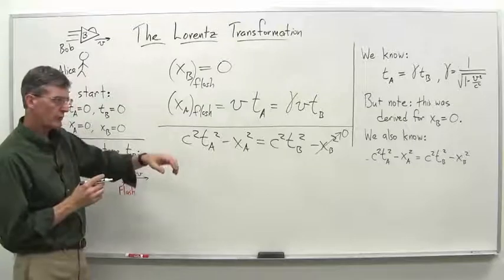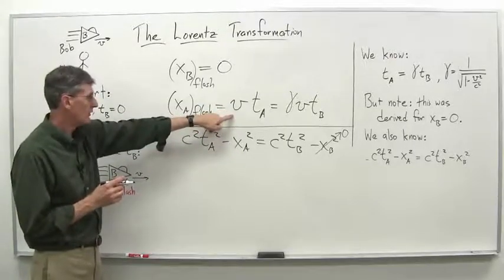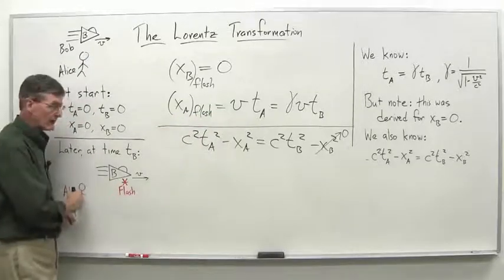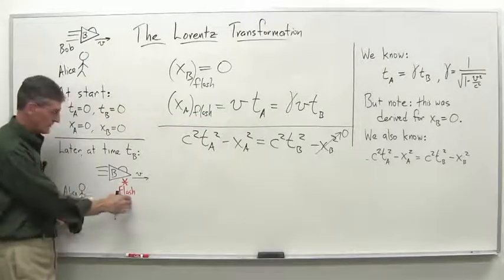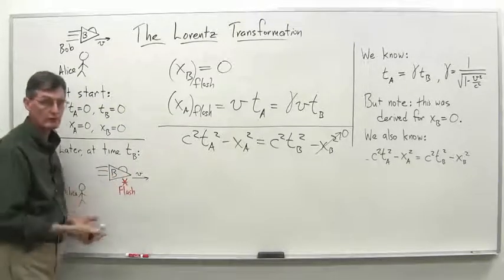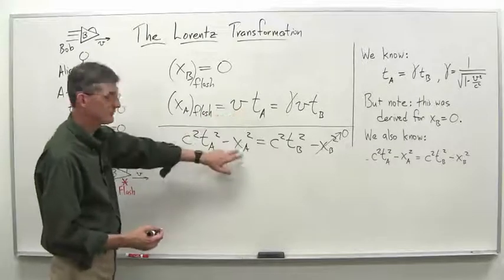And then let's also put in this, v t_a, for the flash of light. Again, that's Alice's distance for the flash, because it's just the velocity of Bob times how much time elapsed on her lattice of clocks. And so let's plug this in here.